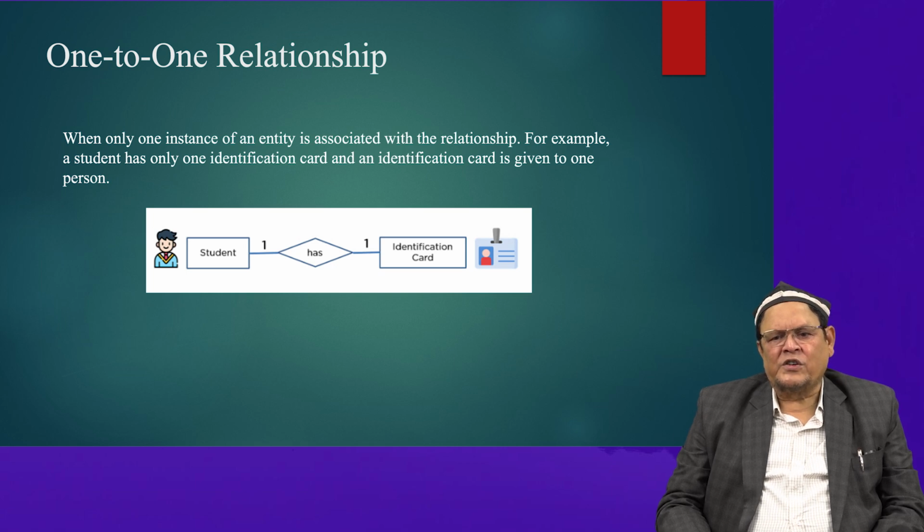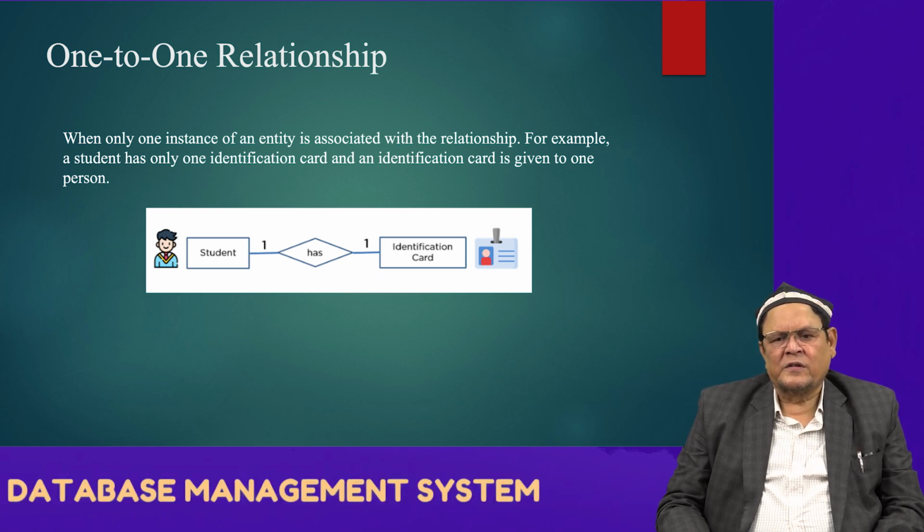A one-to-one relationship means each person has exactly one passport, and each passport belongs to exactly one person. It's like a direct link between them.